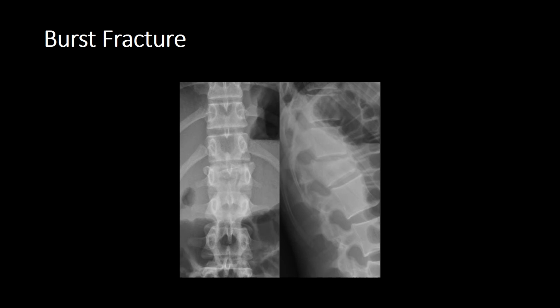Look at your spinous processes. Actually, they're not too bad. Quickly have a look at your ribs. Look at your transverse processes. Now with a burst fracture, what you're looking for is a vertical fracture to the vertebral body.